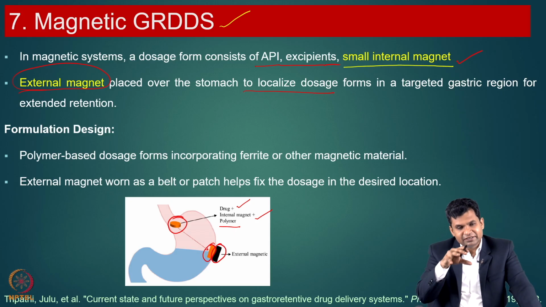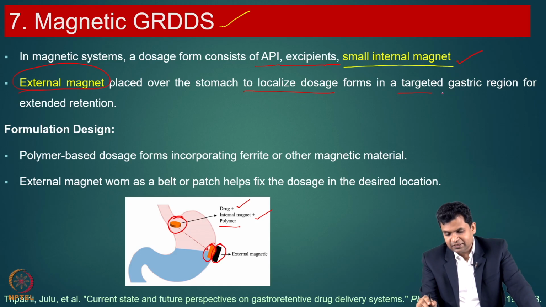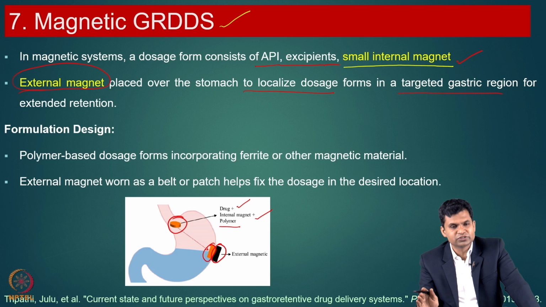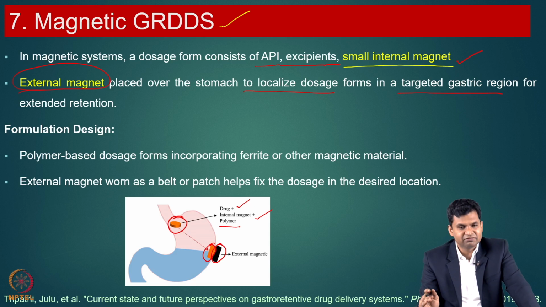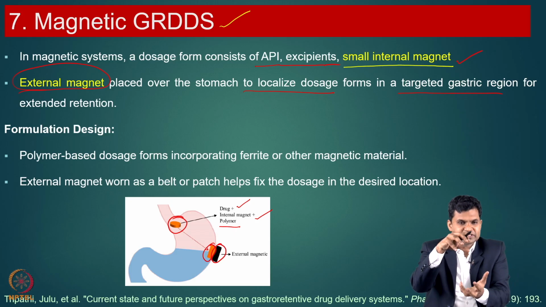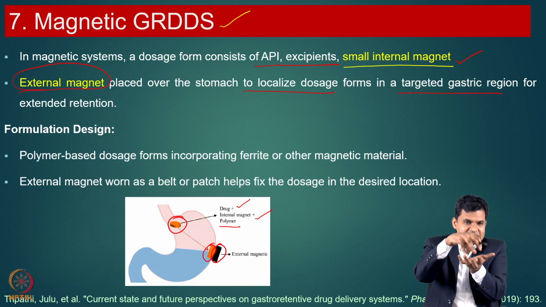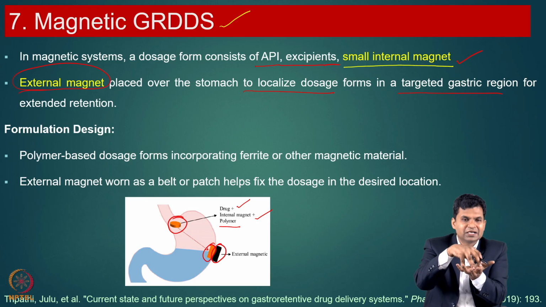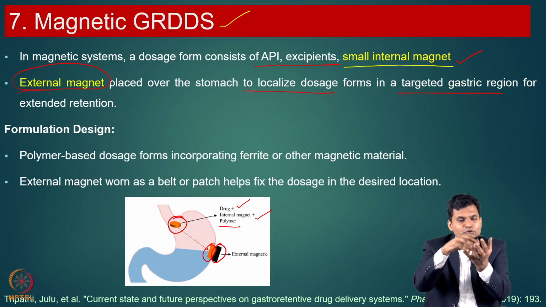It will be retained for a longer time, and that will help in the targeted dosage form, and also it will extend the retention time. So, we need to provide the external magnet, then your dosage form will come and stay at that particular localized site, and then it will show the release.